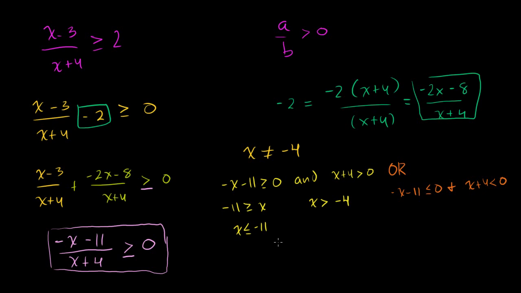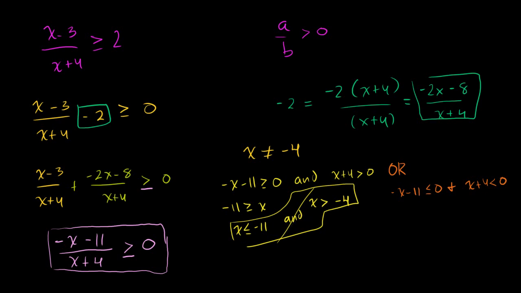But once again, this makes no sense. There's an and here. Both of these have to be true. There is no x that is greater than minus 4 and less than minus 11. So the numerator and the denominator can never both be positive at the same time, because in order for them both to be positive, you get an impossible constraint to fill.